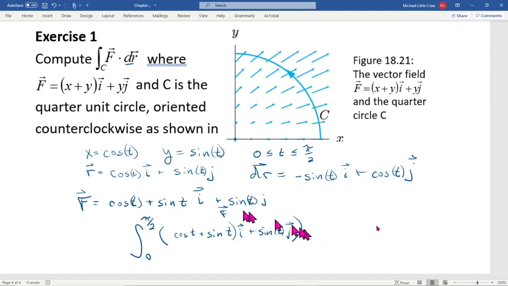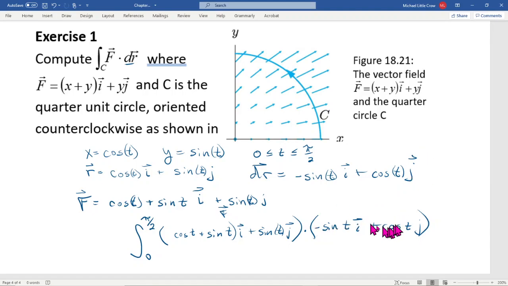And we need to dot product it with the derivative of the path, and so that's minus sine t i plus cosine t j, and that's dr. That's what dr is.